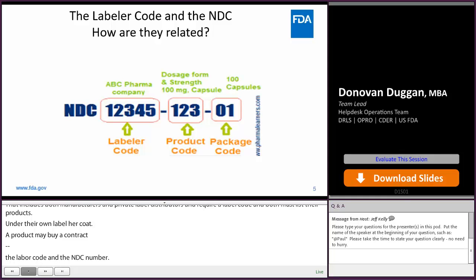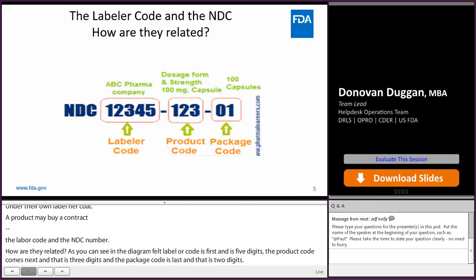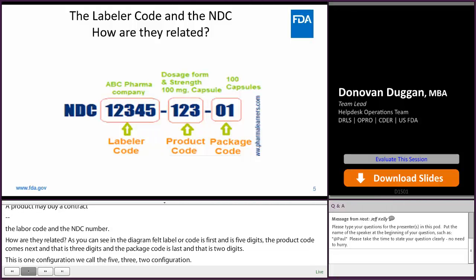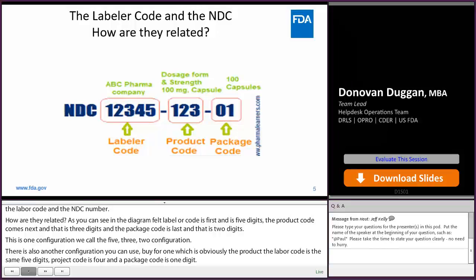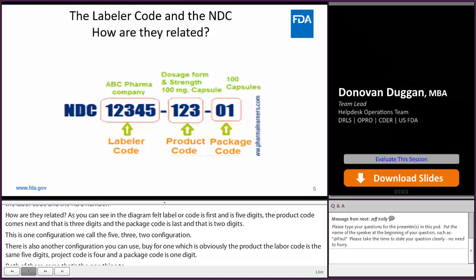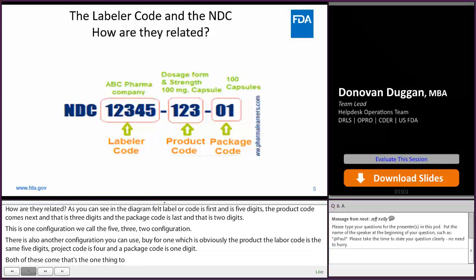Either of these configurations will allow you to list many products, and you should think about which configuration would work best for you and your company. One thing to consider, though, is that once you do choose a configuration, that is the configuration for that labeler code. So everything that you label under that labeler code must be the same configuration.